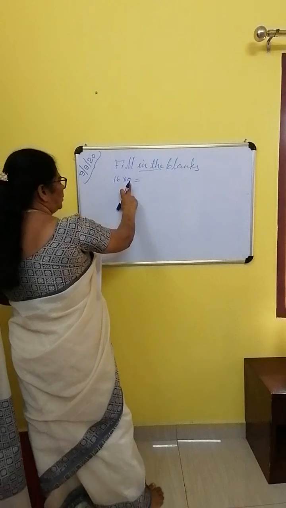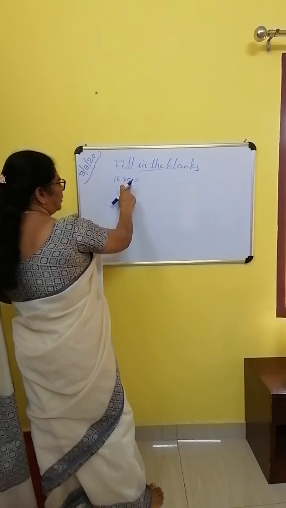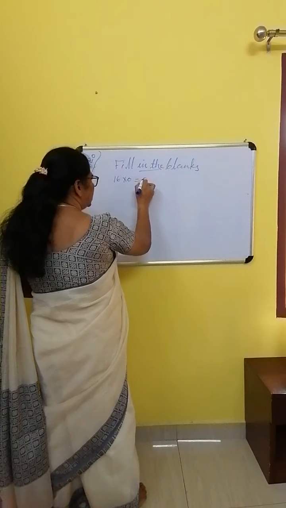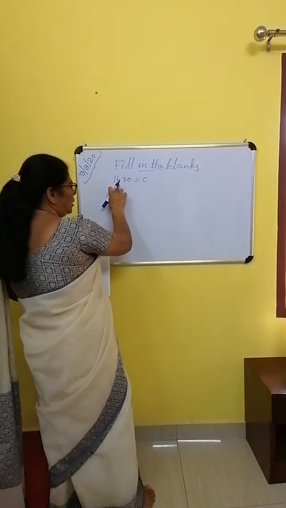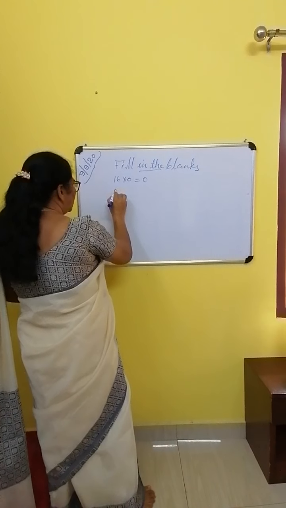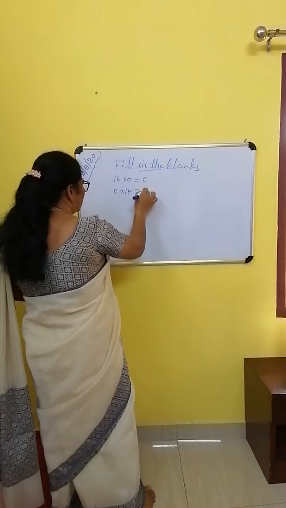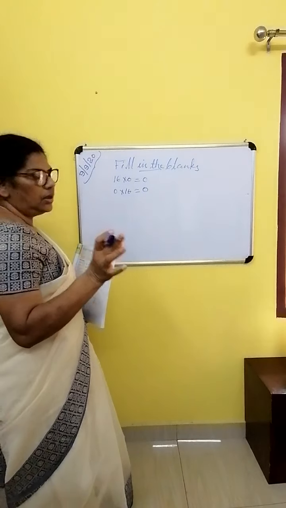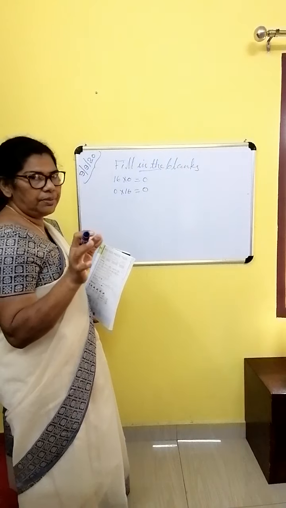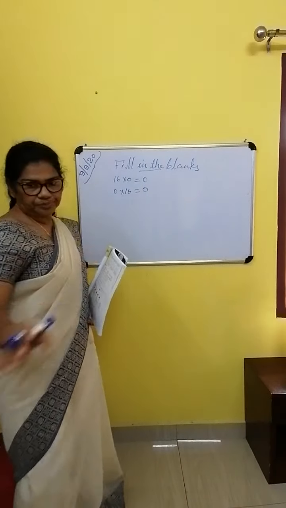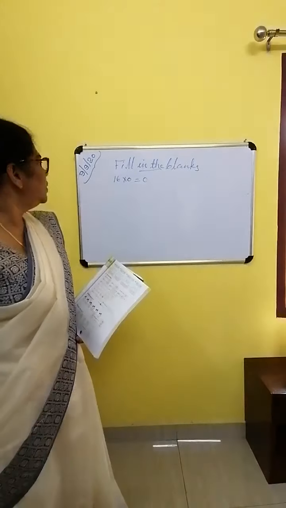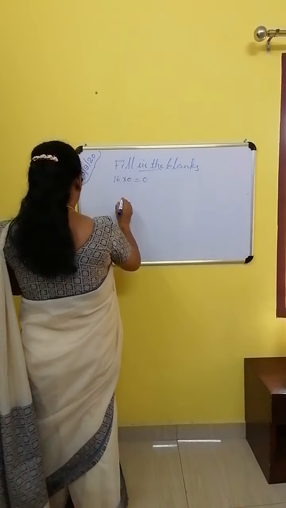If there is 0 in any place, even in the first place, the answer will be 0. Don't write 16. 16 into 0 equal 0. 0 into 16 also 0. If there is 0 in any place, the product will be 0 only.